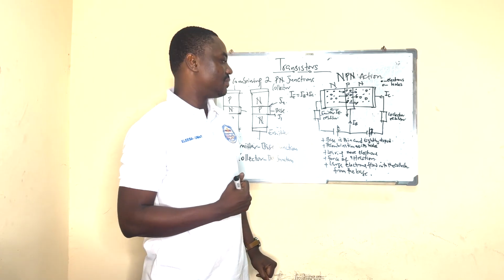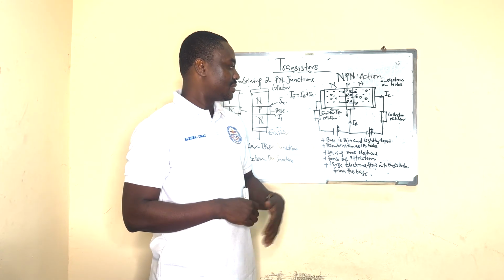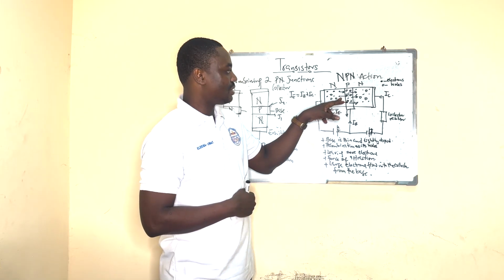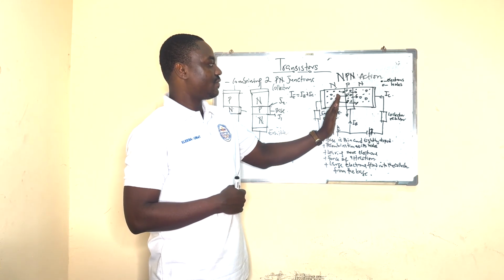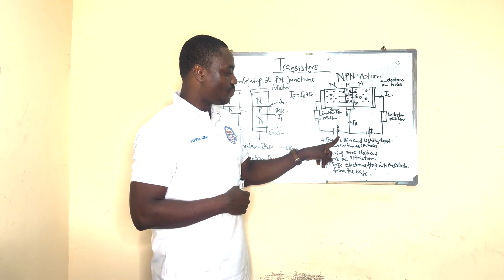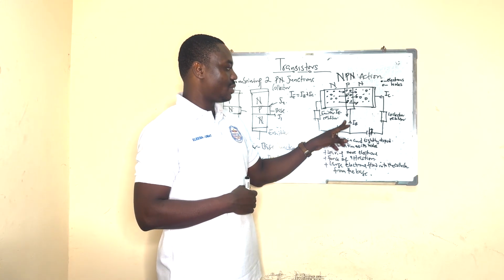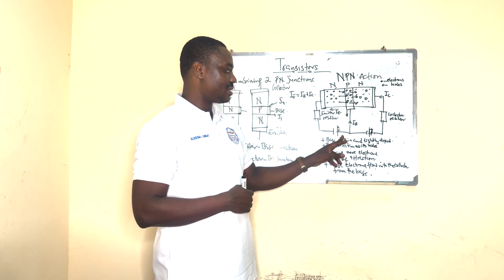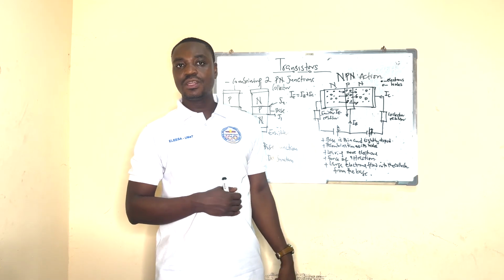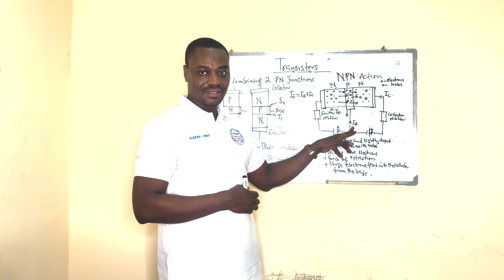As you can see, electrons are moving from the N region into the P region, and then come to the positive terminal connected to the base terminal. So the flow of current is going to be the opposite, and we refer to that current as the base current.